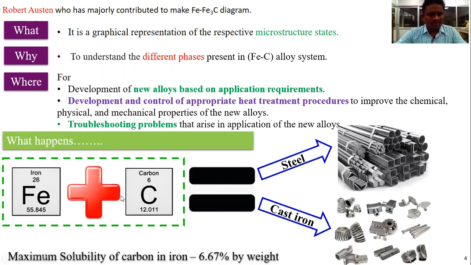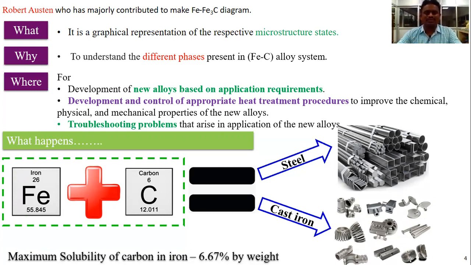The dissolution of carbon in iron can form a variety of steels and cast irons. The mechanical properties of steels and cast iron mainly depend on the lattice structure of iron, and also the interaction between carbon and the iron crystal structure. The maximum solubility of carbon in iron is limited to 6.67 weight percentage of carbon.